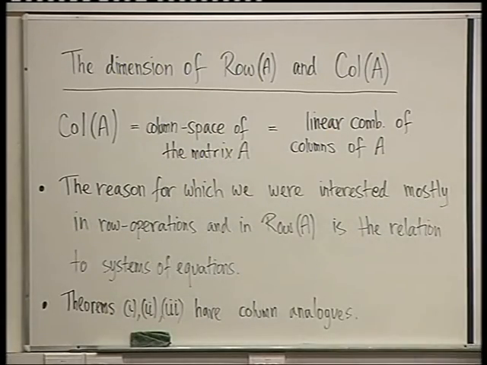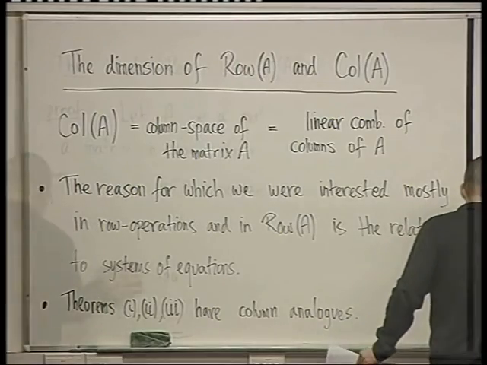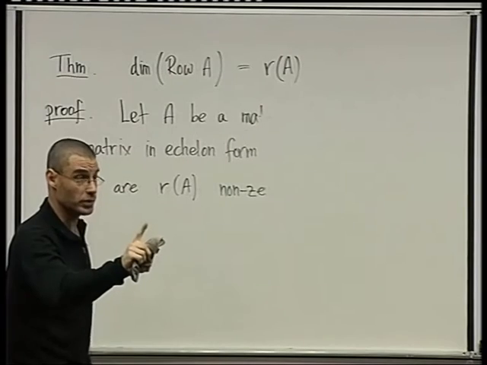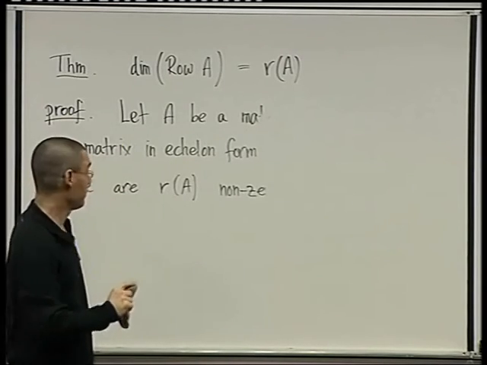But what we didn't define is what is the rank of A in terms of columns, right? When we defined it, the rank of A was the number of non-zero rows in the echelon form.